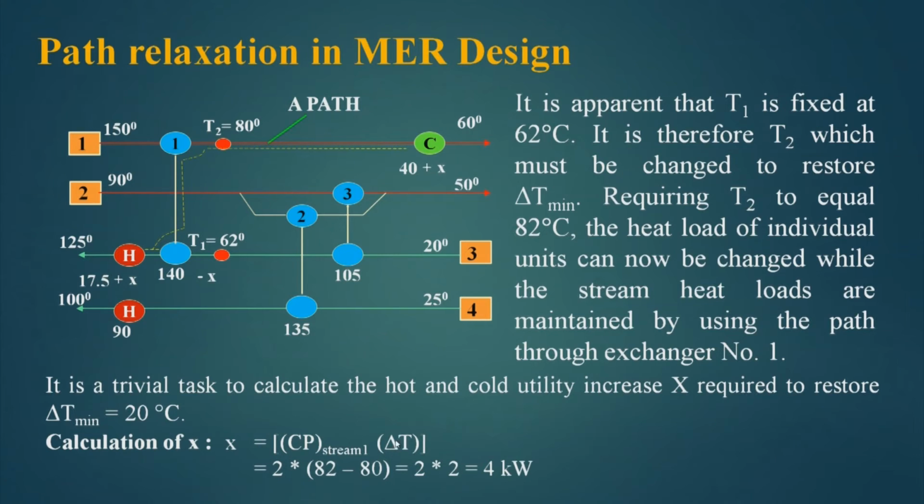So, this is that delta T, delta 82 minus 80, and this 2 is the Cp value here of this stream number 1. So, it makes it 4 kilowatt. That means, if I add 4 kilowatt to this, subtract 4 kilowatt to this and add 4 kilowatt to this, this temperature will rise to 82 degrees centigrade.